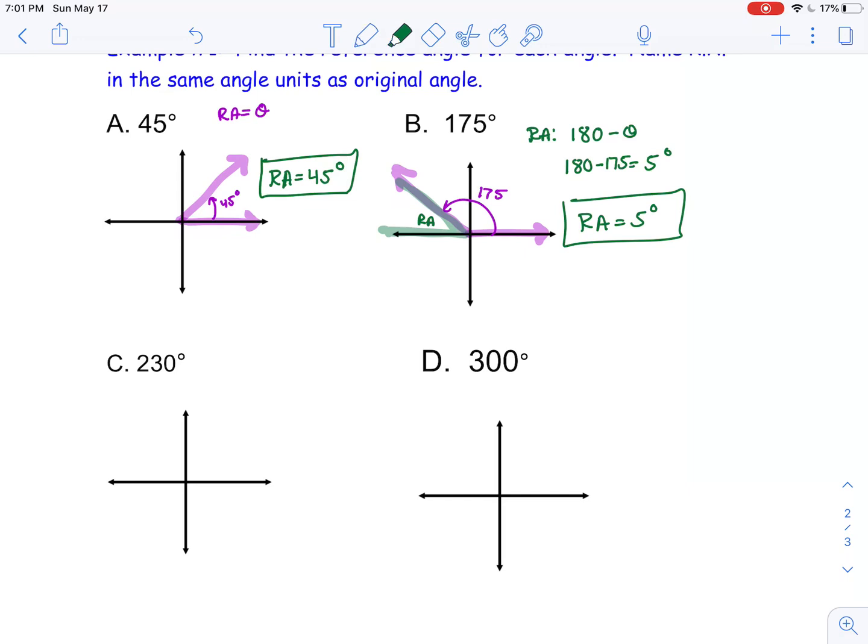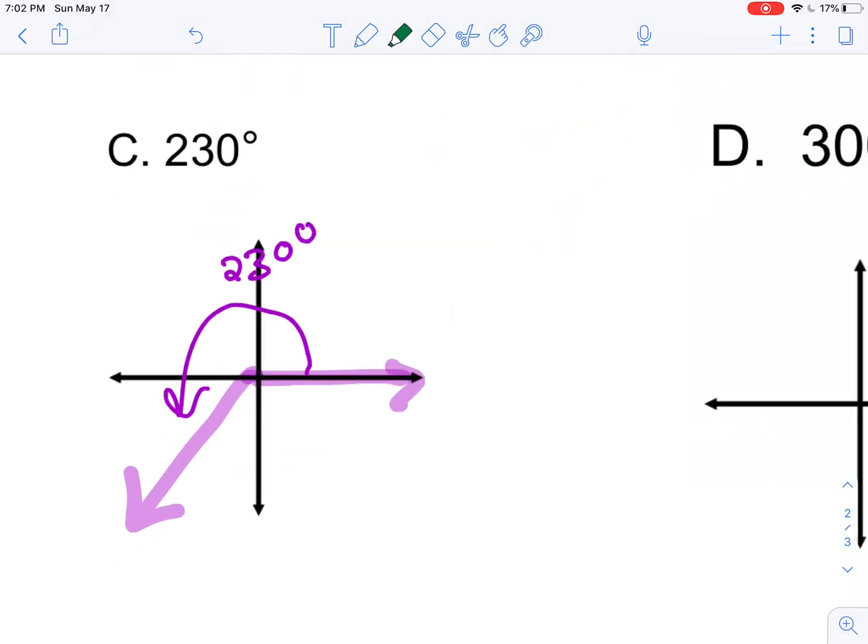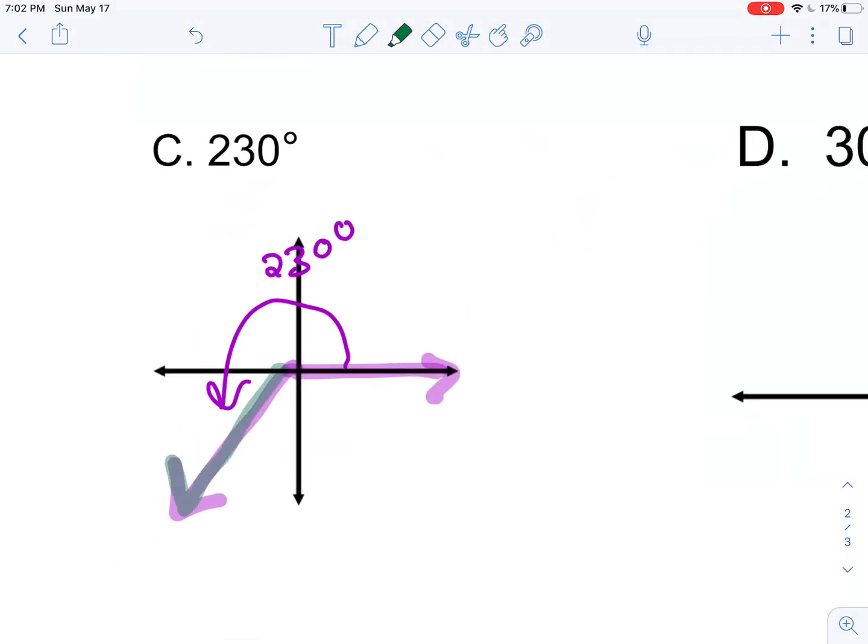Now we have an angle in the third quadrant. So it's going to open here. So this is my theta. My theta is 230 degrees. My reference angle is going to be the terminating side and the closest x-axis.